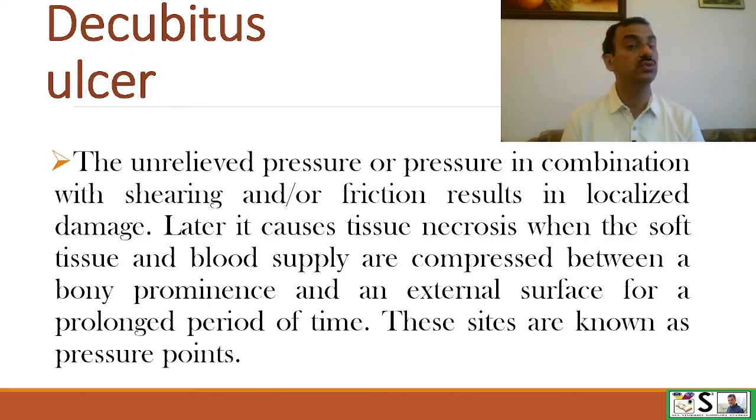Later, it causes tissue necrosis when the soft tissue and the blood vessels or capillaries are compressed between the bony prominence and the external pressure for a longer time, and the sites become necrosed.